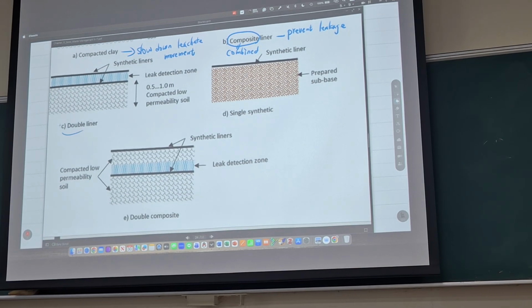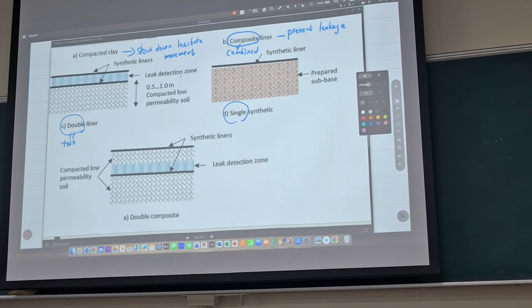Okay, we have a double liner and a single liner. Double means 2 layers, right? Like this.